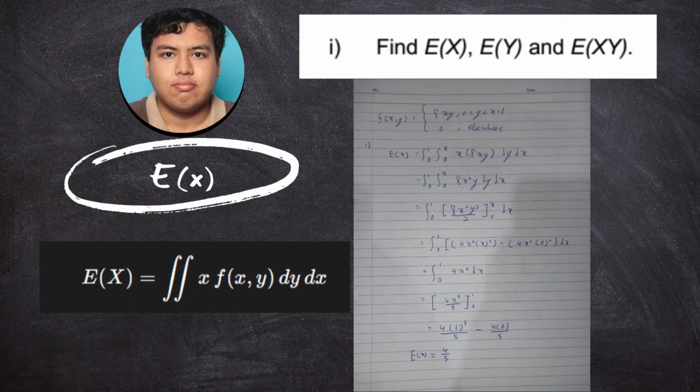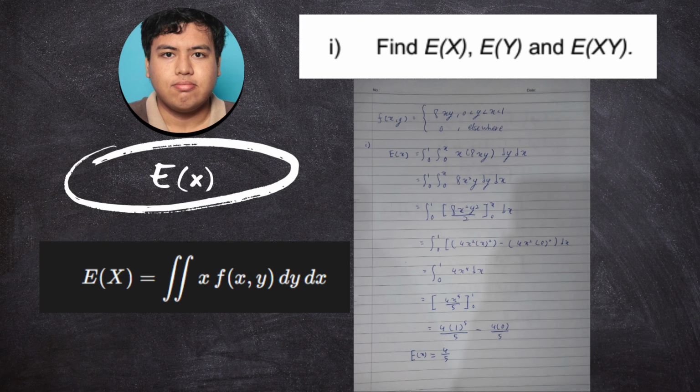To find the expected value of x, we use the formula E(x) equals the double integral of x times f(x,y) dy dx, because E(x) represents the average or mean value of x weighted by its probability over all possible values.